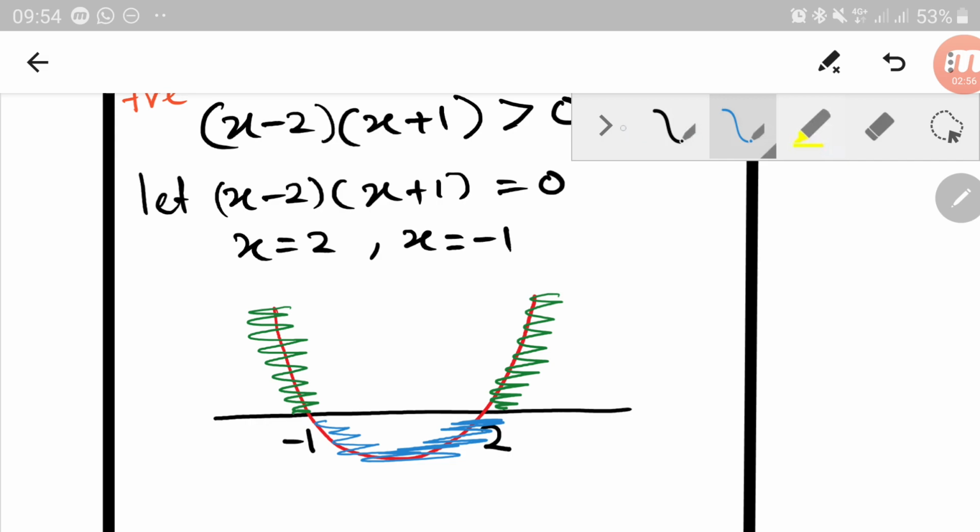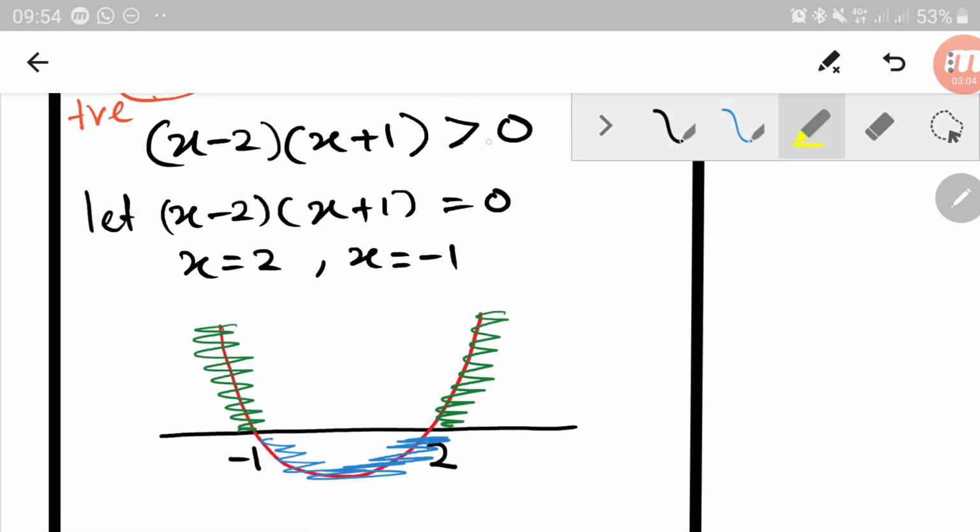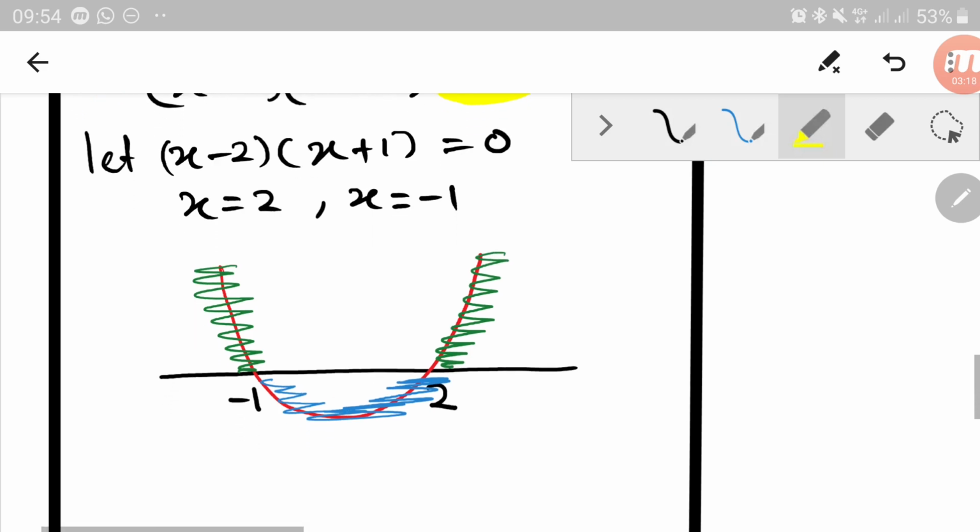We want to make sure whether it's the green one or the blue one that we are looking for. We have to look at the inequality from the factorization, the one that I highlight in yellow. From there we know we want greater than 0, positive value. So positive value is the line that I just scribbled with green color.